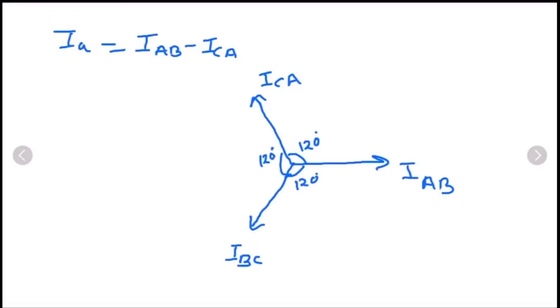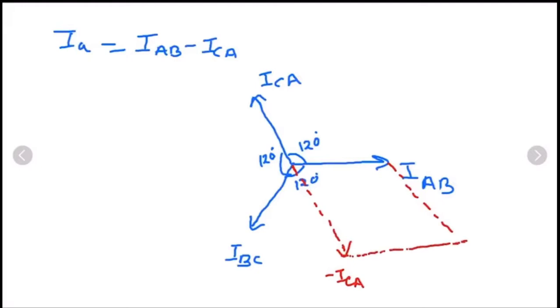Now we will see what our first equation says. IA is equal to IAB minus ICA. So IAB is here, minus ICA. For minus ICA we will extend this phasor in the opposite direction. So this will be your ICA. Now we will use the parallelogram method to find the resultant.